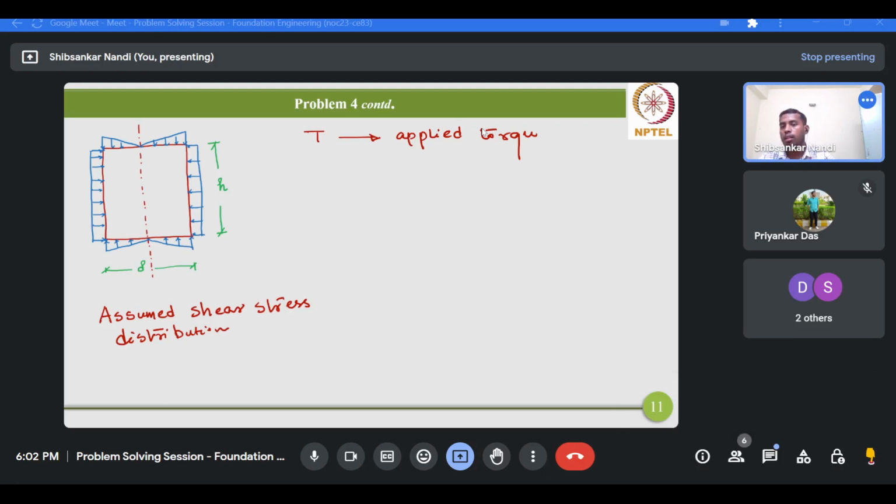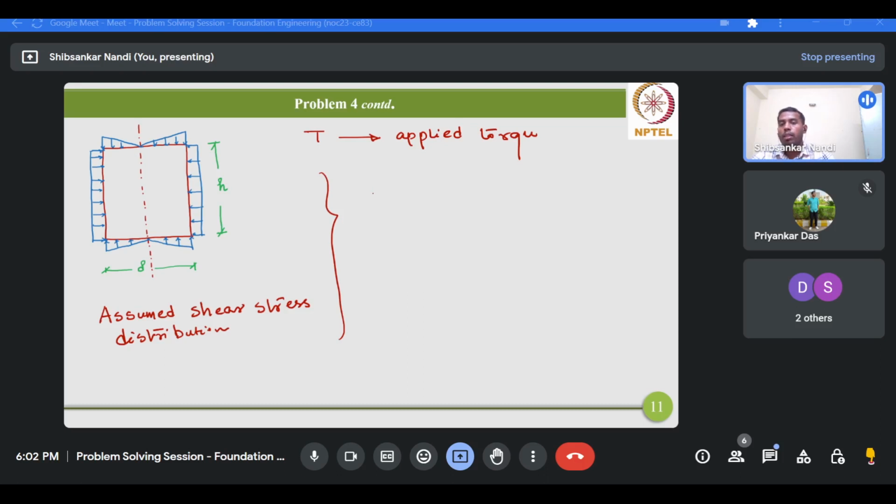So it will be on the verge of failure. Okay, so when this applied torque is equal to the resisting moment offered by the soil mass along this periphery and the top and bottom, therefore first we have to figure out the resistance.